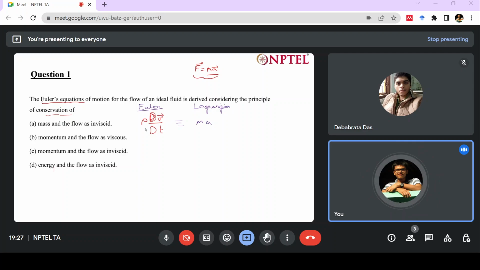Is this part clear? Yes, yes, how this ma is equivalent to this. Okay. All right.